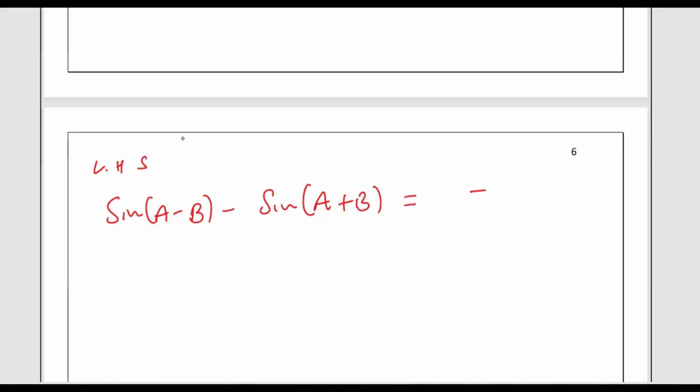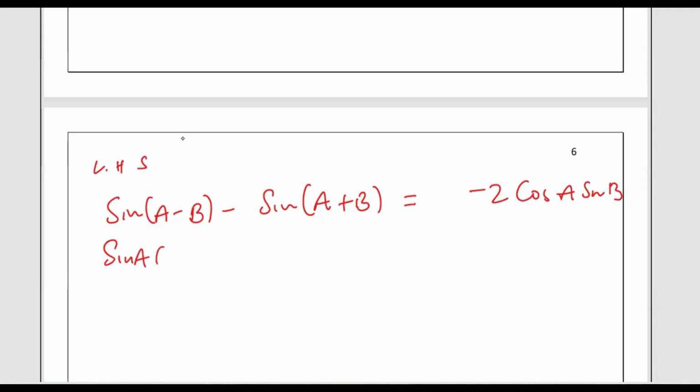The left-hand side first. We have the sine of (a minus b) minus the sine of... is it a minus first or a plus? It's a minus and then we have a plus. This must give us 2 cos a sine b. Let's open this up.